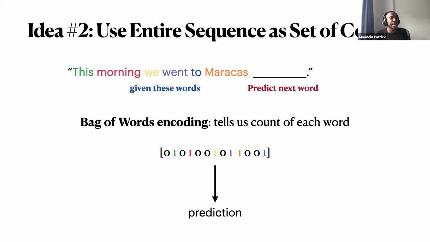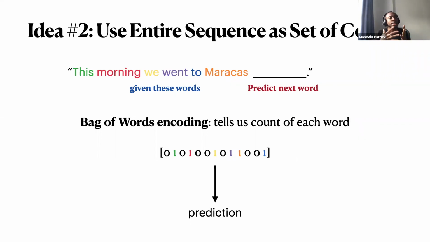Another idea is that we can count up the number of words in the sequence, and based on these counts, we can predict the next word. This is what we call a bag of words encoding, meaning that we represent a sequence as counts of each word. For example, if morning was mentioned in the sentence twice, we would have a count of 2 for the word morning.